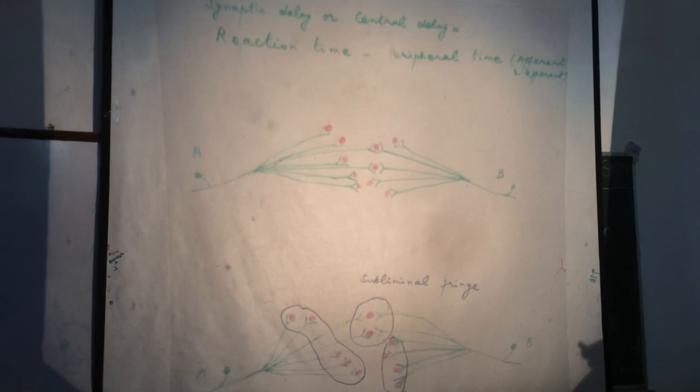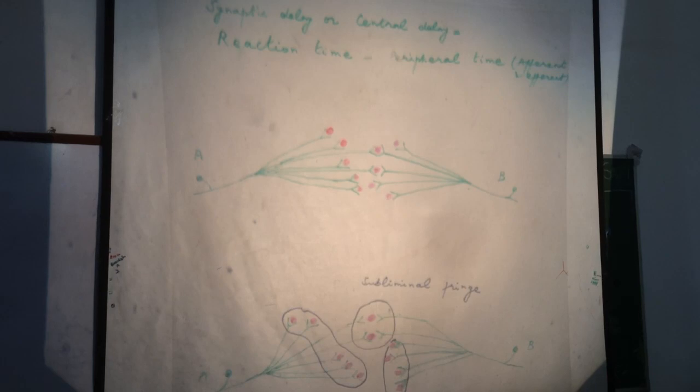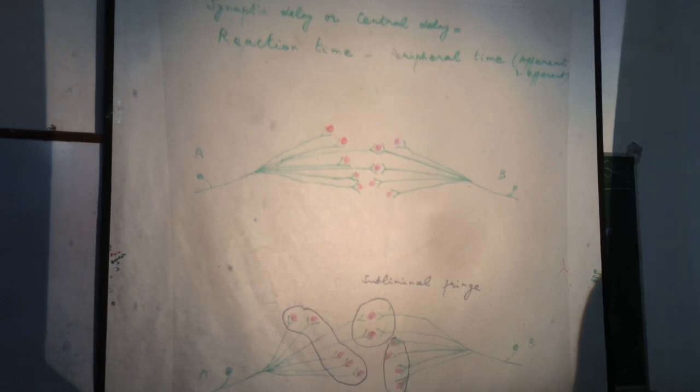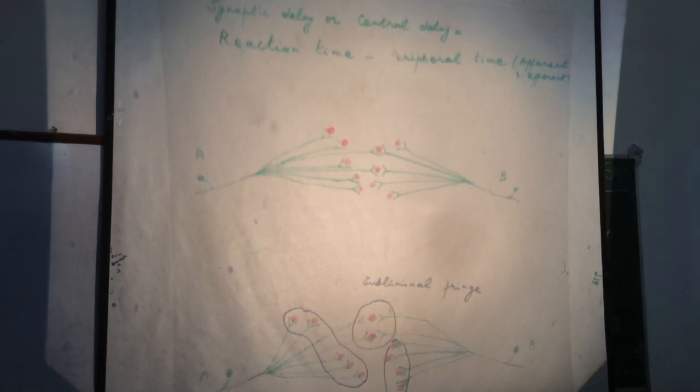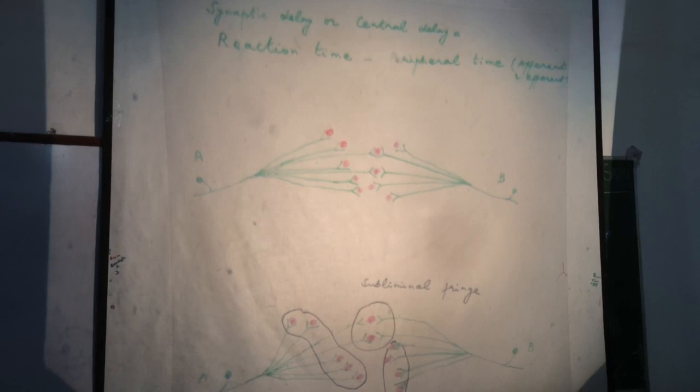If you stimulate afferent B, how much muscle tension will be produced? 5G.